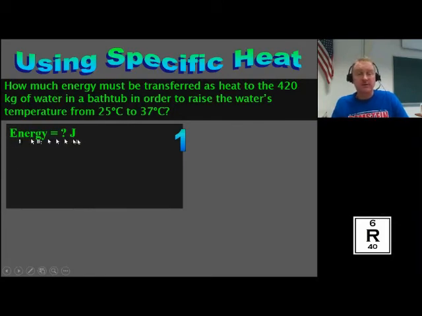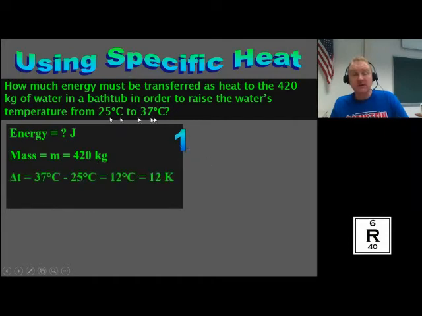So you know energy. I'm solving for energy. You also know that there's a mass here, 420 kilograms. You should know grams, but at this point it is a measurement of mass. I also know a change in temperature, and like I said, it's final minus initial. It's going to end at 37 degrees Celsius, and it's starting at 25 degrees Celsius.